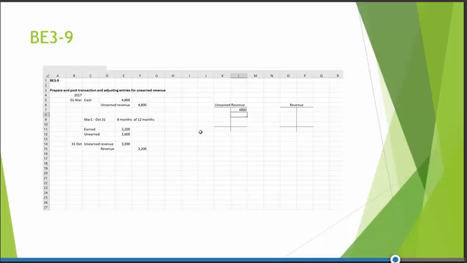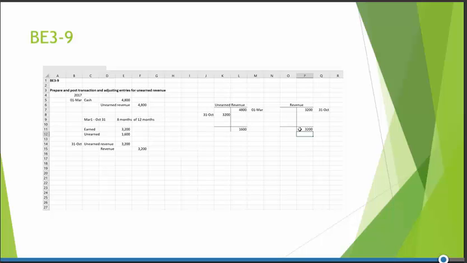Then when we earn it on October 31st, so that was March 1st, we would then debit on October 31st 3,200, which means 4,800 minus 3,200, we still owe them 1,600, which is what we've calculated here. And then on October 31st we would recognize the revenue of 3,200. So at the end of the period, we'd have 3,200 related to that policy.